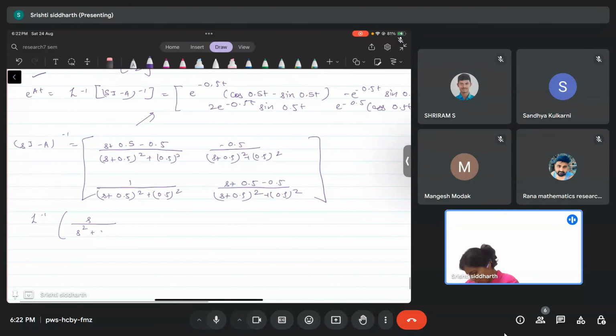So we get s squared upon s squared plus a squared. And we have to check from some table. Just one second.